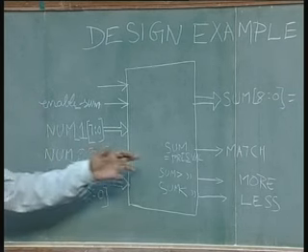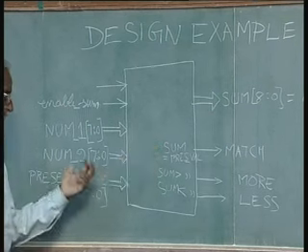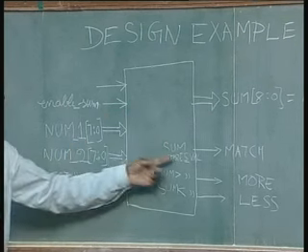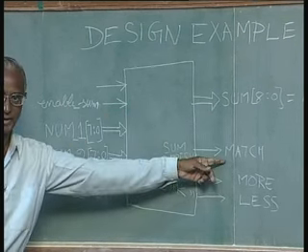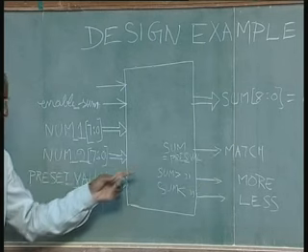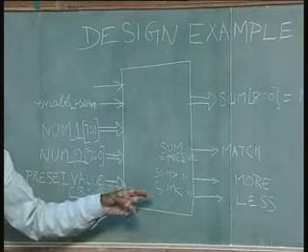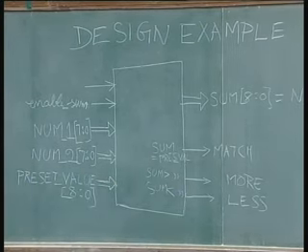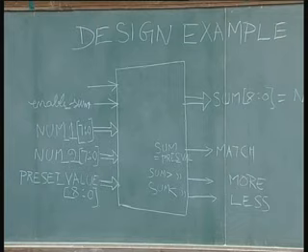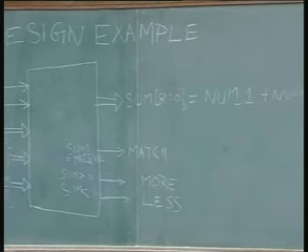If the sum and preset value match, then you activate the match signal. Similarly, if the sum is greater, you activate more, if it is less, activate less. It is such a simple example, and we will see how to write the code for this.